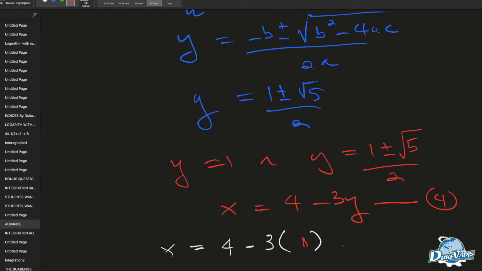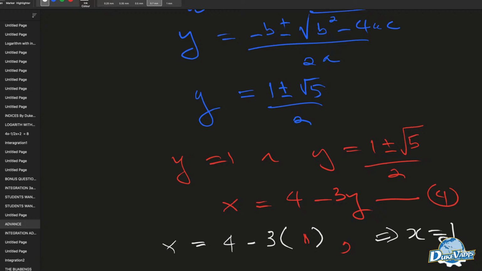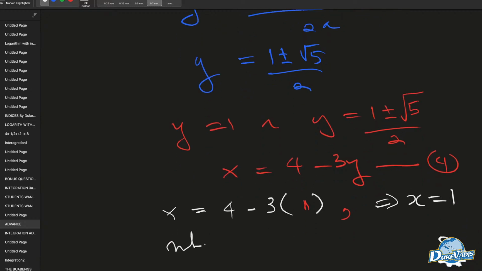Then this will imply that our x is equal to 1. So when x is equal to 1, y is also equal to -1.